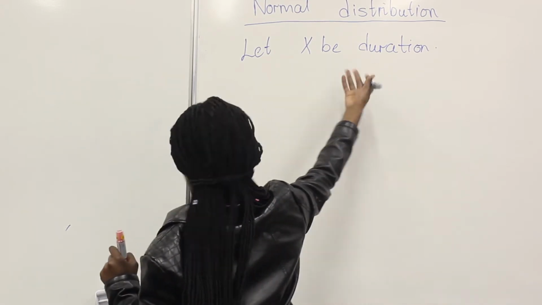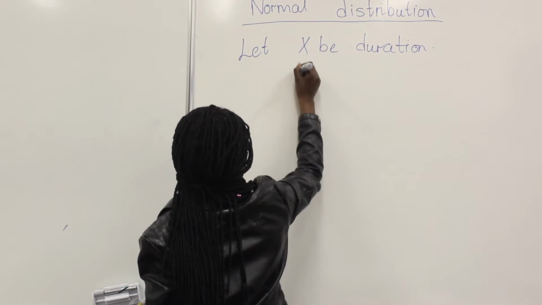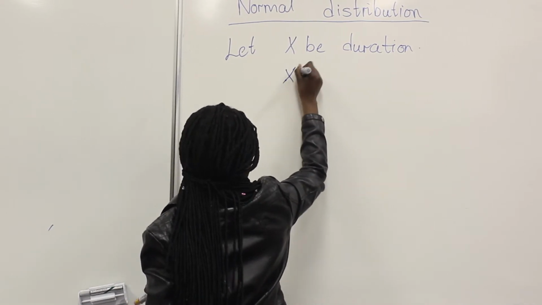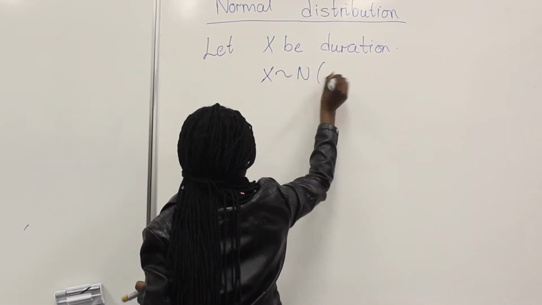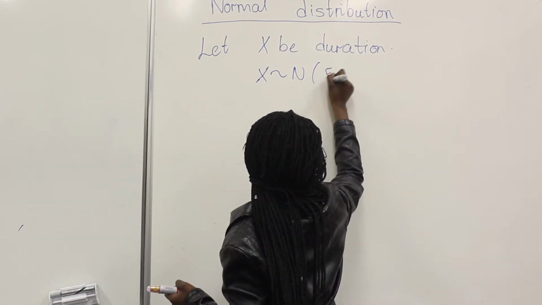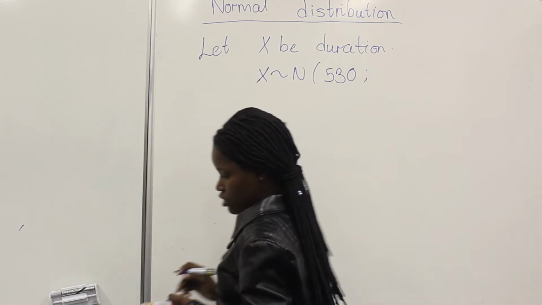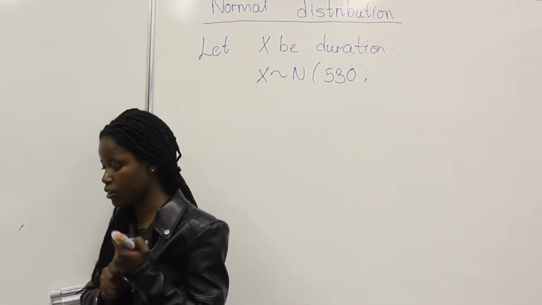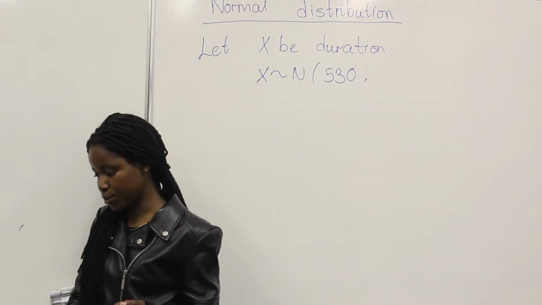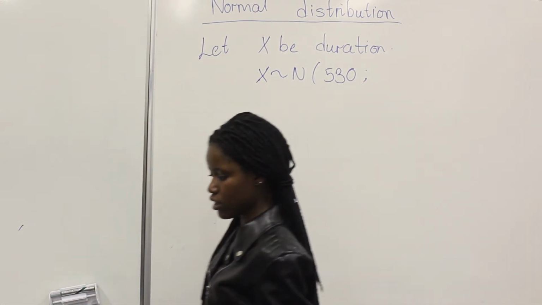Then we state that x is distributed as normal, with our mean, which is 530, and our variance. When you're stating the distribution, you state the variance, not the standard deviation.